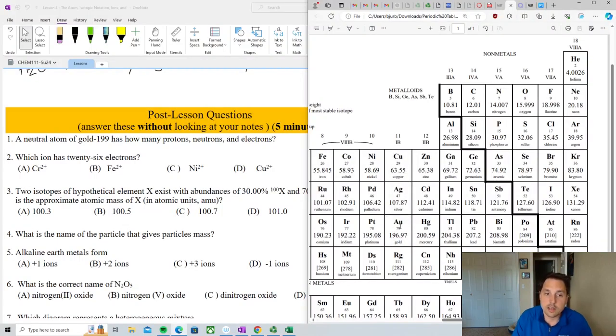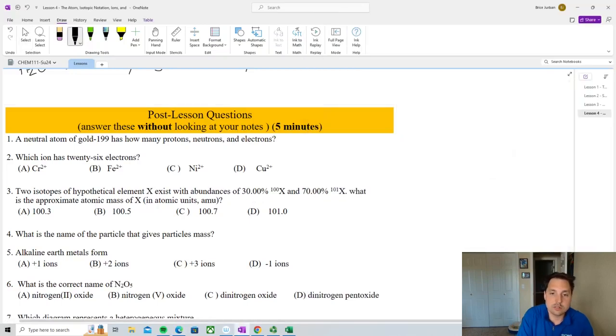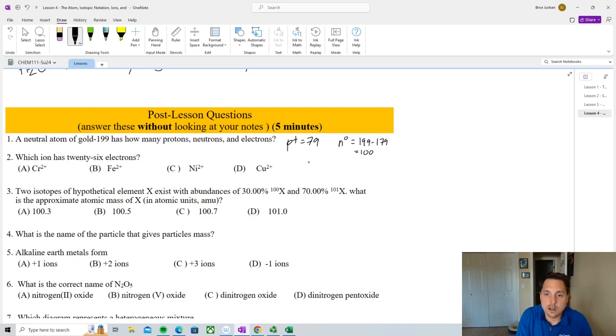Gold always has 79 protons. How many neutrons does it have? Well, it's going to have 199 minus 79, or 120 neutrons. And if it's a neutral atom, it's going to have 79 electrons.